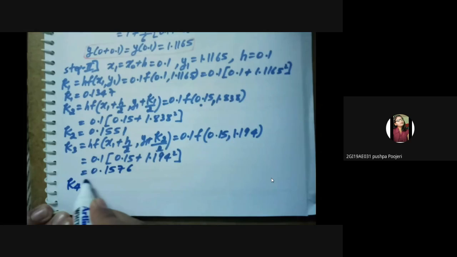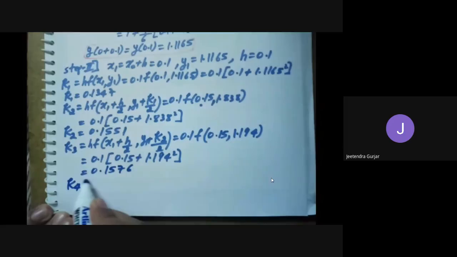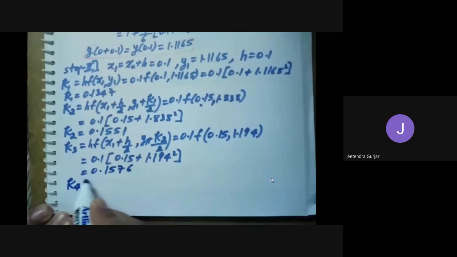1.194 is y1 plus K2 upon 2. What is Y1? Y1 is nothing but 1.1165, divided by 2.